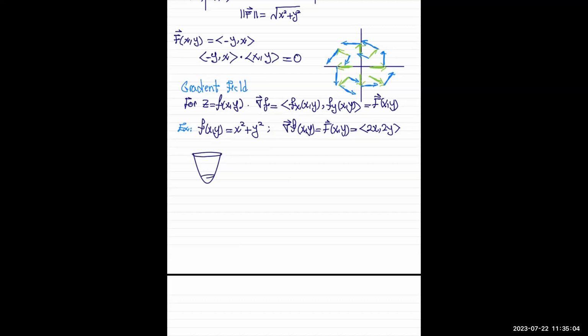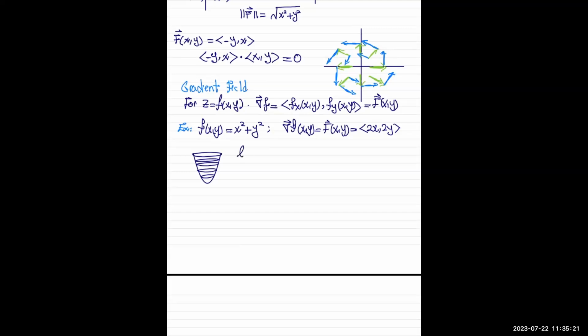At each level of z, the level curve is a circle, just a circle of radius, say, c.